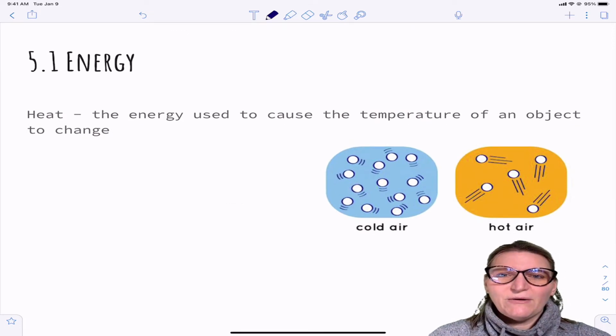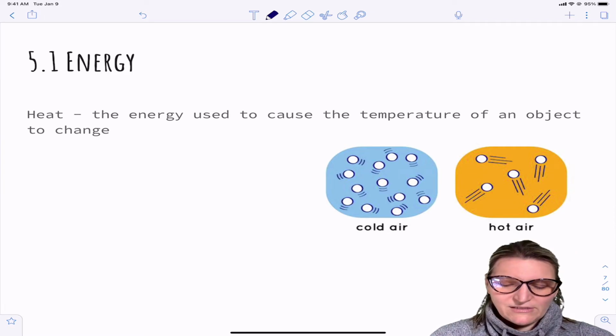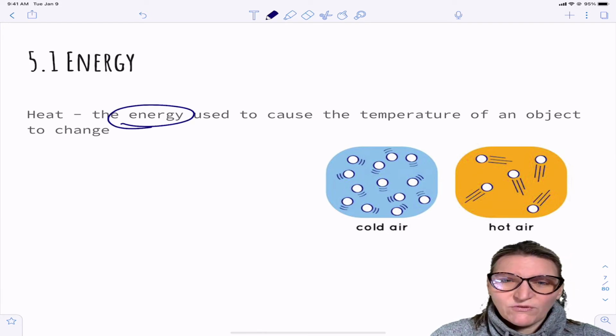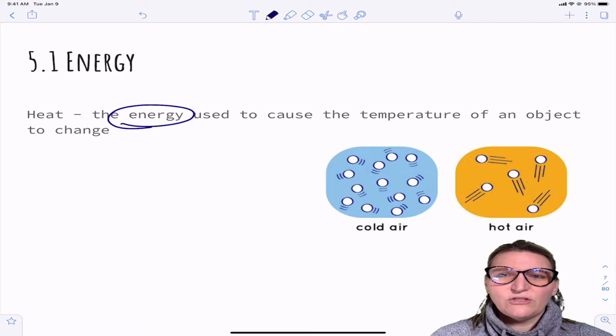So heat. So like we said, energy is this heat and work thing. So heat is obviously something that's really important. The technical definition of heat, which last year we just sort of treated heat, energy, temperature, kind of the same thing. And now we really do need to know the difference between all 3 of those. So heat is sort of a specific form of energy used to cause the temperature of an object to change.